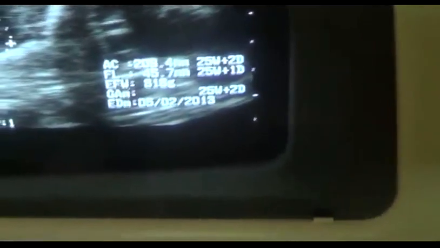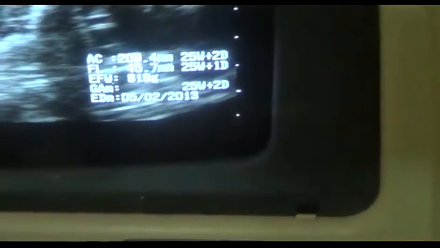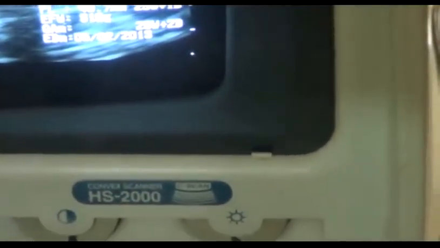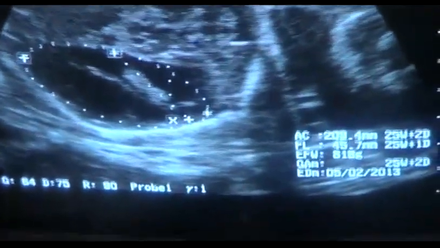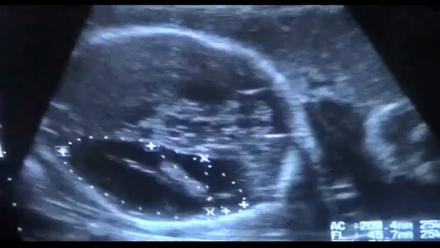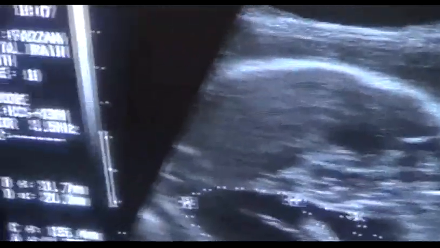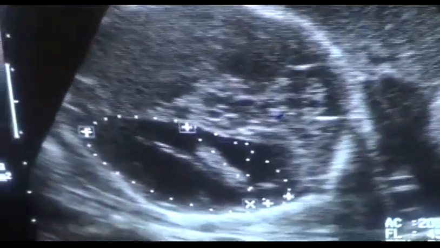We always measure the width of the dilated ventricle, the degree of ventricular dilation, from the medial margin, and in this section it is dilated up to 20.3 millimeters, whereas normal should not exceed more than 3.